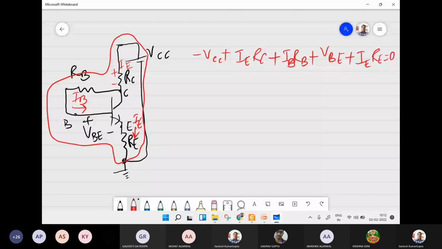In this way, we can write the KVL equation for the input loop.